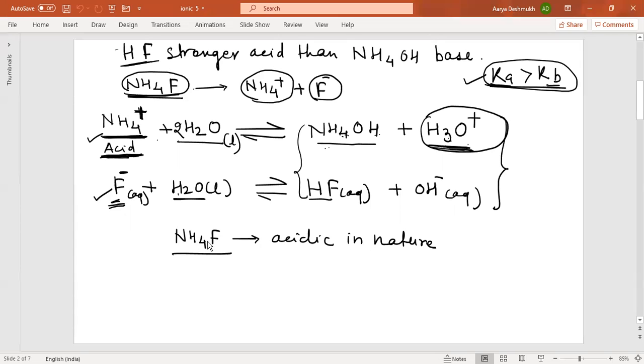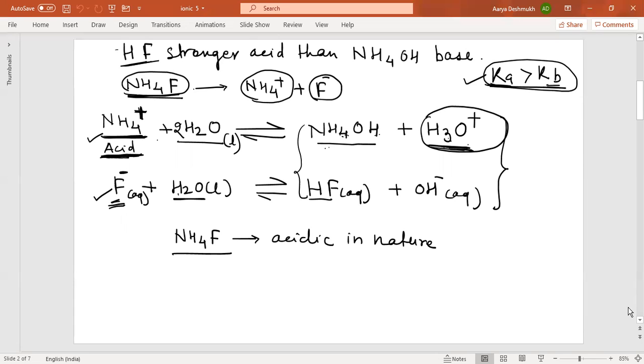Therefore, NH4F, that is ammonium fluoride salt, is acidic in nature. This production of more protonium ion will dominate the pH of this ammonium fluoride solution. So it will produce a solution which will be acidic in nature.